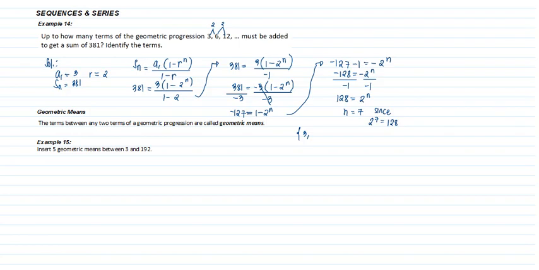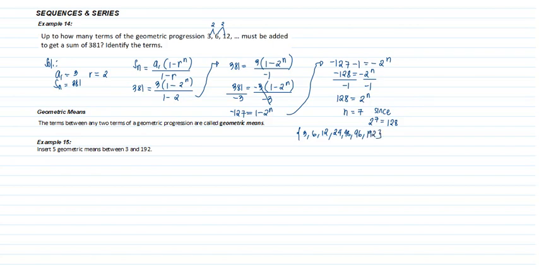So 3 times 2 is 6, and then 6 times 2 is 12, and then 12 times 2 would be 24, and then 24 times 2 is going to be 48, and then 48 times 2 is 96, and then 96 times 2 is 192.